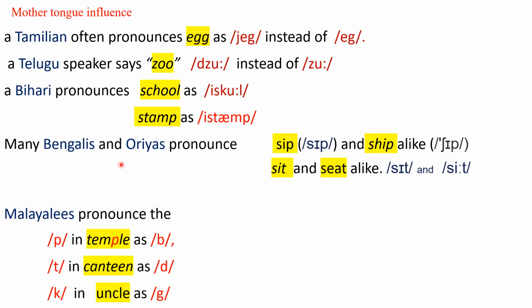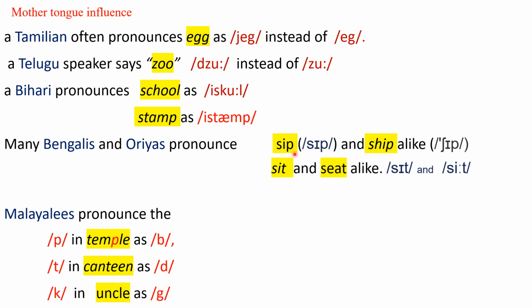Many Bengalis and Oriya people also pronounce these two sounds alike, but in English they are quite different. They have distinct sounds: sip and ship. But Bengalis and Oriyas pronounce them the same, sip, sip.